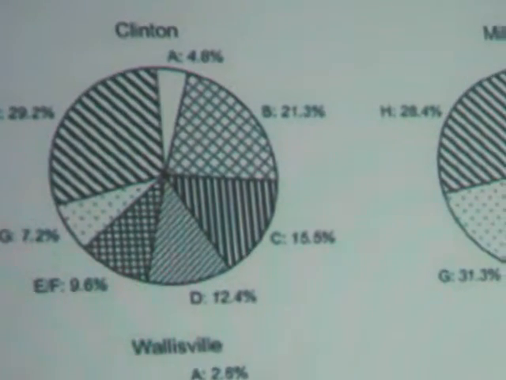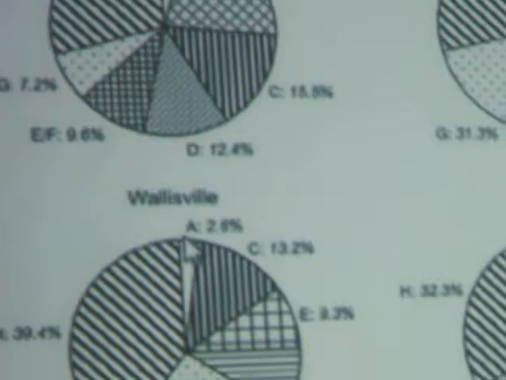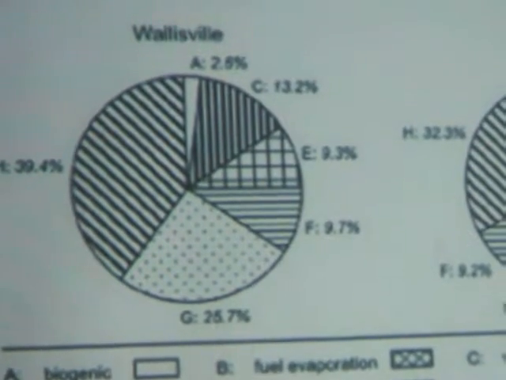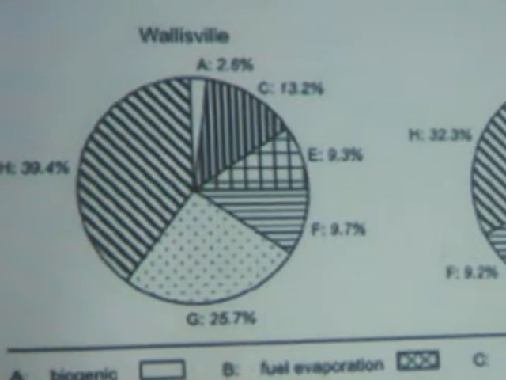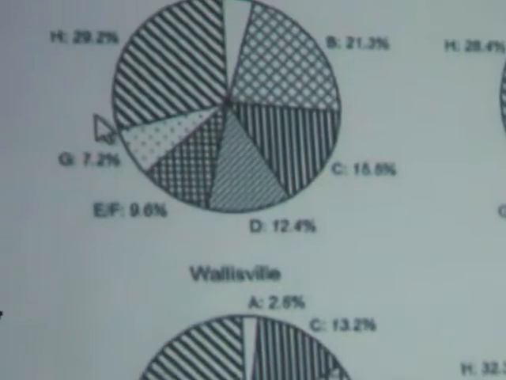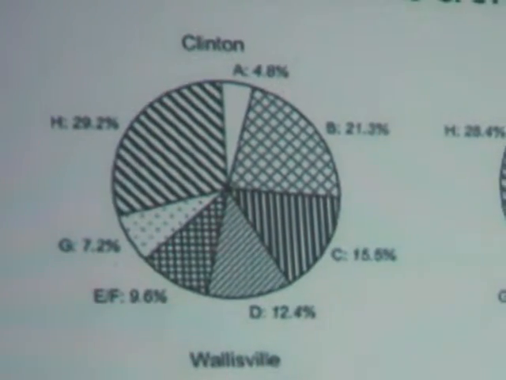But H is the crude oil, natural gas. This factor is there everywhere. In some places it can be close to half of the VOCs. Other places it's maybe 30-ish% of the VOCs.